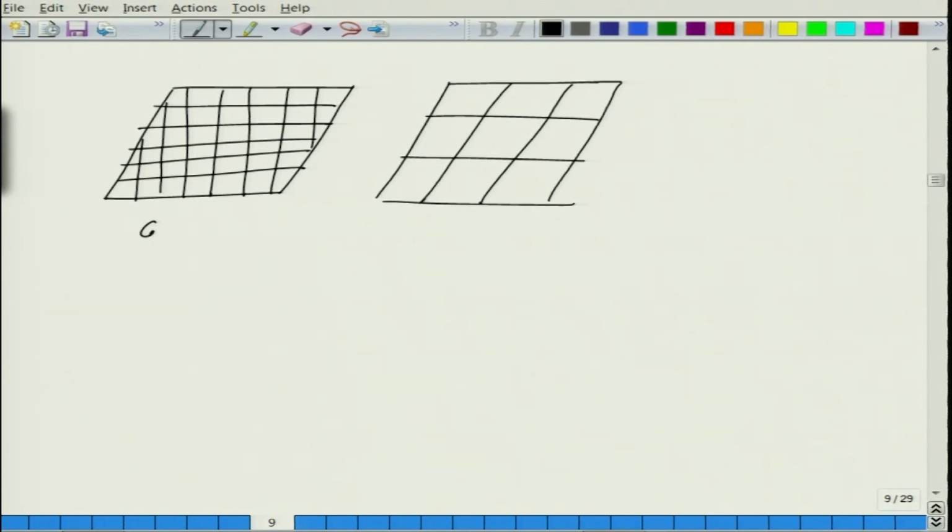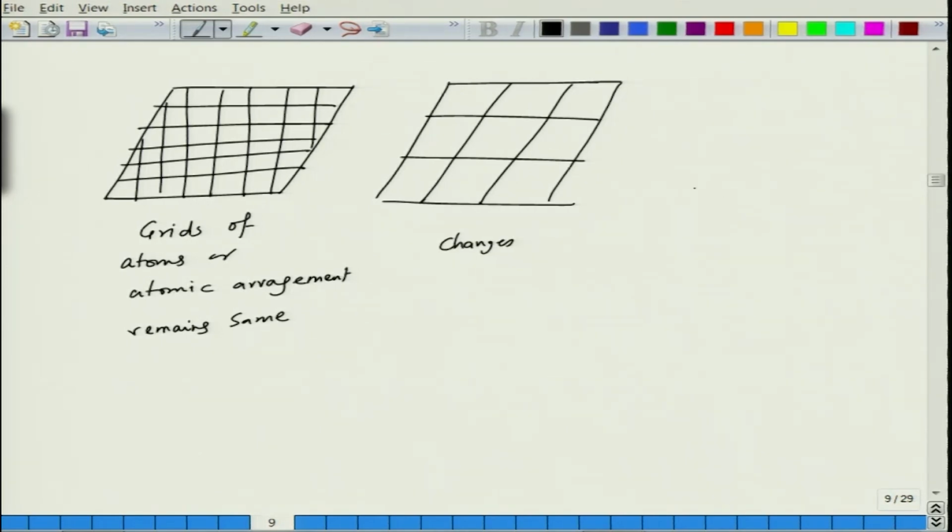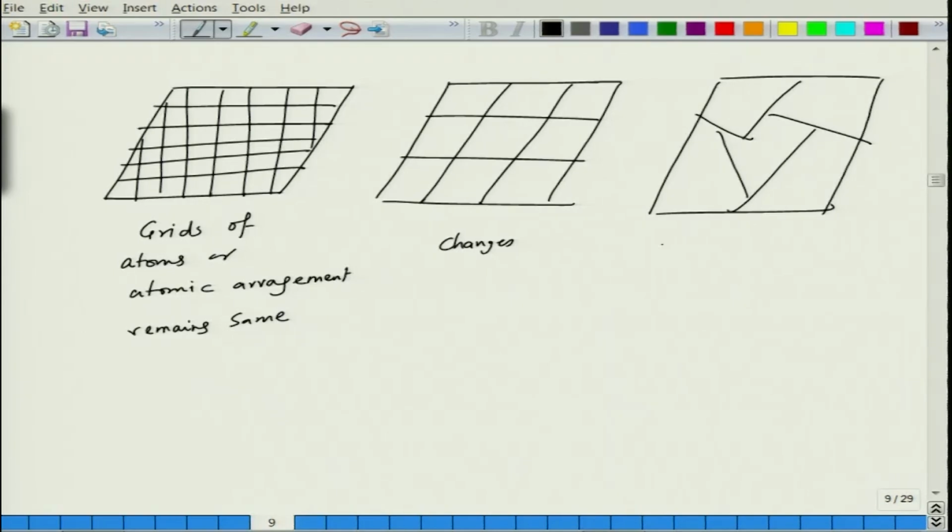So let us say the grids of atoms, or atomic arrangement, remains same, changes, let us say gets bigger here, or do all these grids become at certain random angles? So grids change to some random shape.